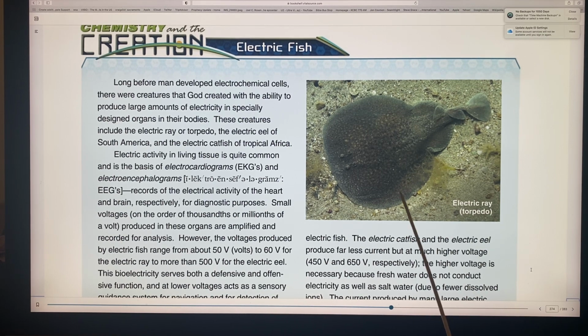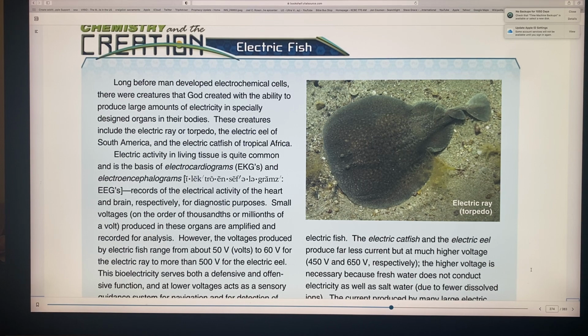This is an electric ray, which is called a torpedo ray. Did you know that some of these animals can actually carry electric current? It says, God created creatures with the ability to produce large amounts of electricity in their organs.